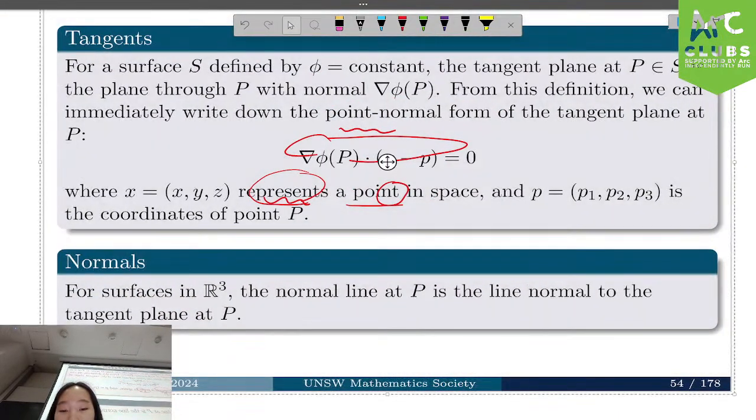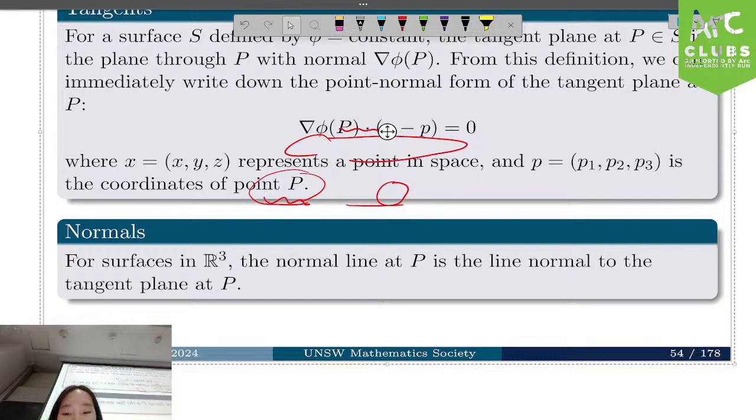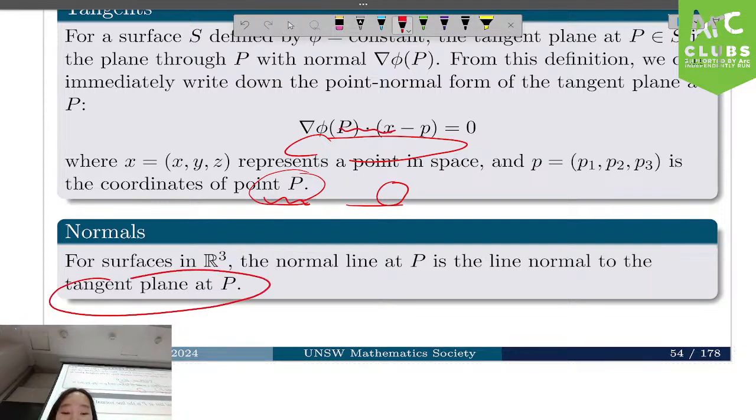And for a surface in R3, the normal line at P is the line normal to the tangent plane.